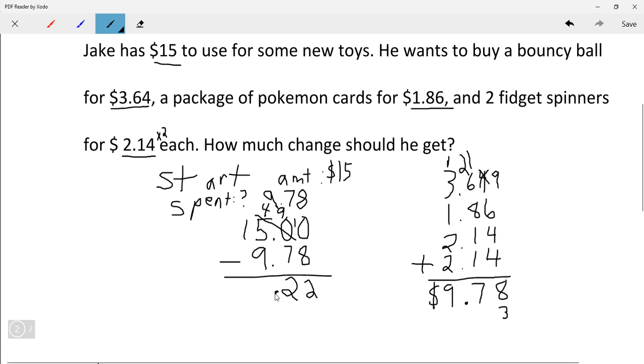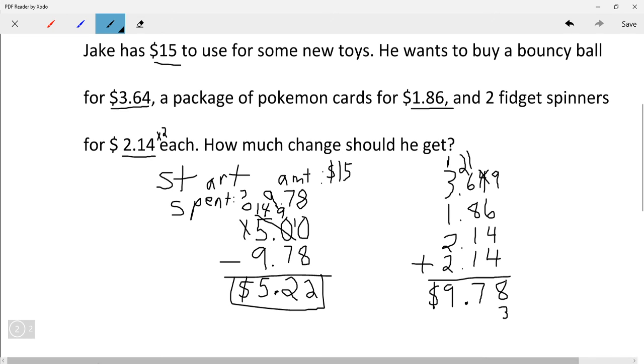Bring down the decimal. 4 minus 9, I cannot do that. This turns into a 0. 14 minus 9 equals 5. So the answer is $5.22 is how much change he should get, or how much money he has left.